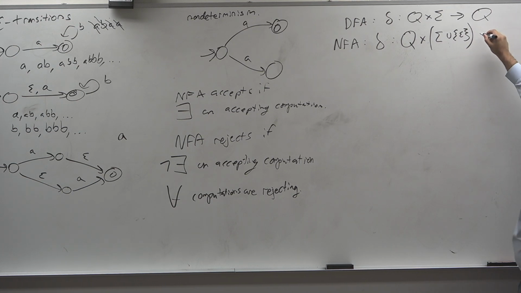Now we want to move to not a single state, but a set of states. So what should the codomain of such a function be? In the DFA, recall that the codomain is just Q, because on a state-symbol pair, you move to a single state. But in the NFA, we want to move to a set of states. So what should the codomain be of the NFA's transition function?